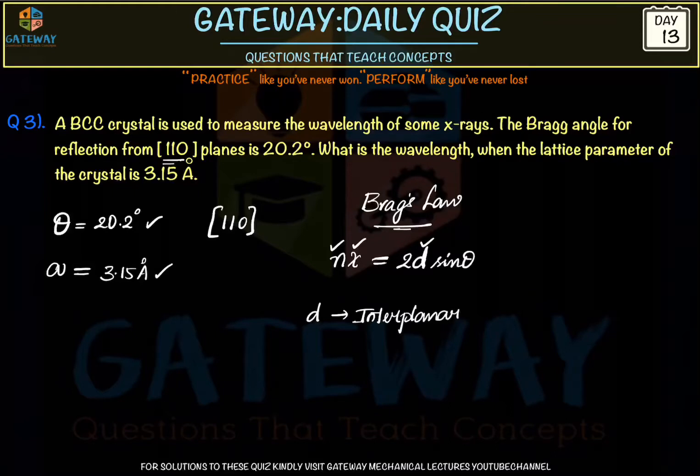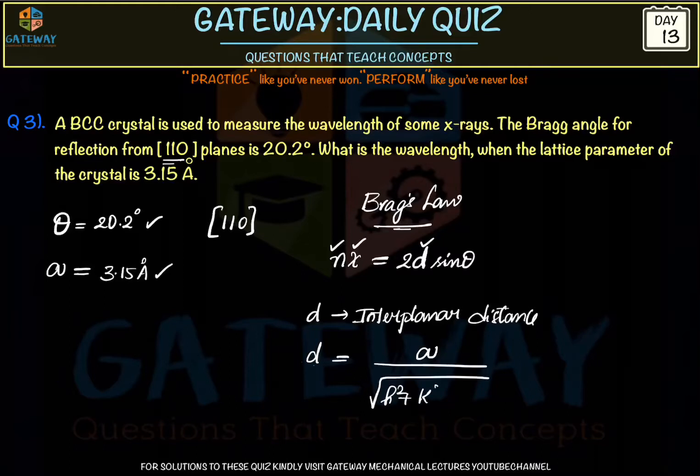While studying Miller indices we will study this interplanar distance. d is given by the lattice parameter a upon the square root of h square plus k square plus l square. This is the direct distance between the given plane and the origin or the reference, and a is the lattice parameter.